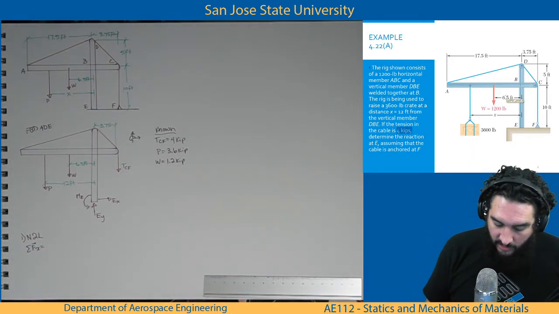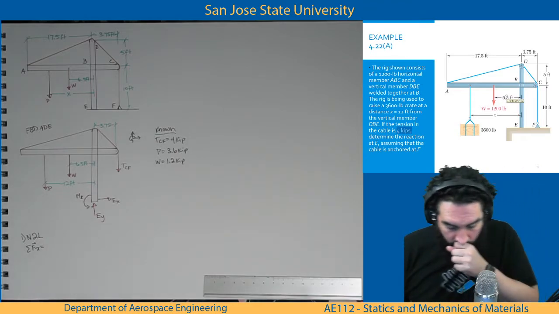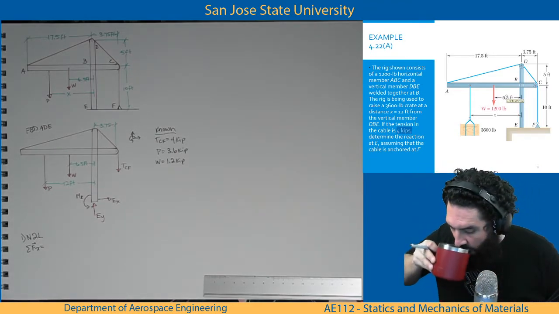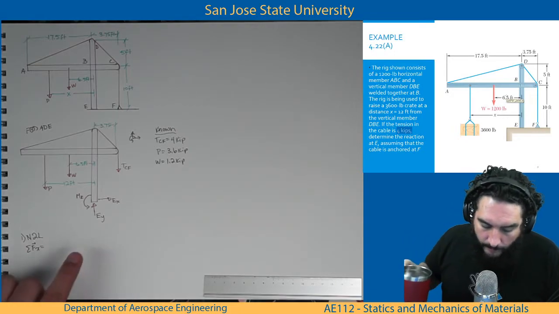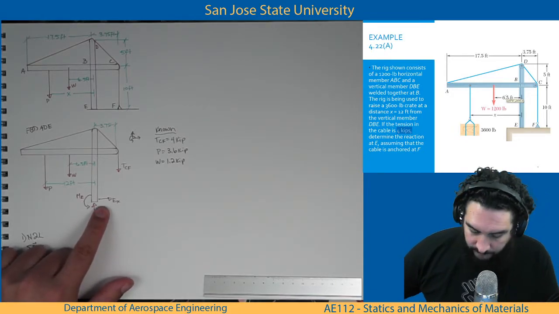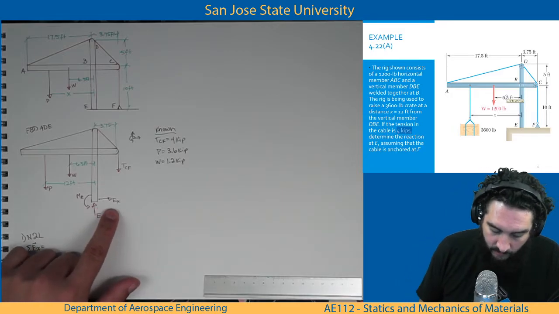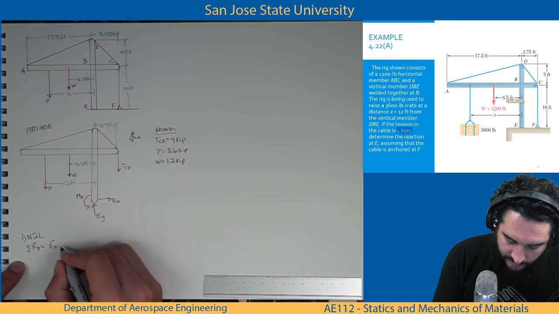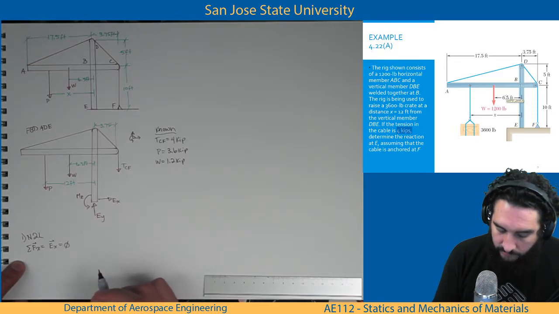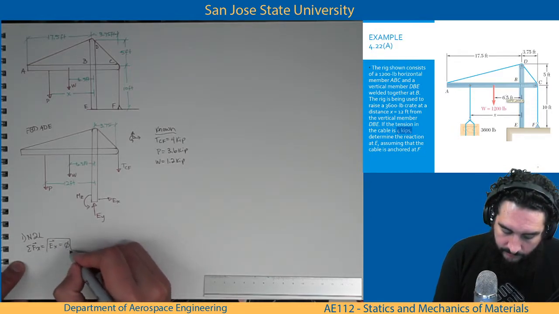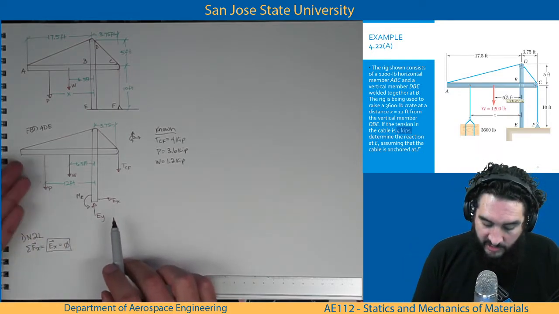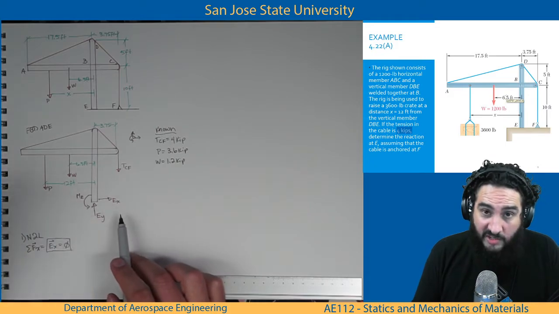Looking at my drawing, I see that I only have one vector in the x direction, which is EX. So EX equals 0. Done. Nothing else participates in the x direction, and so I know that one explicitly.